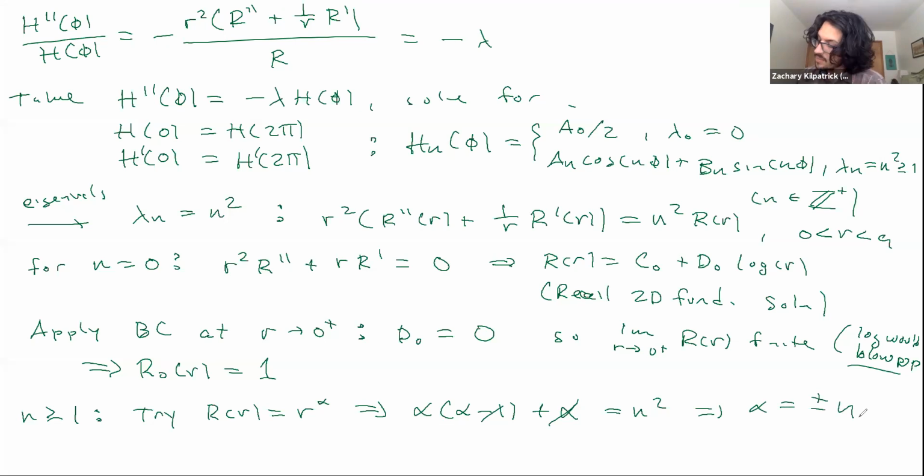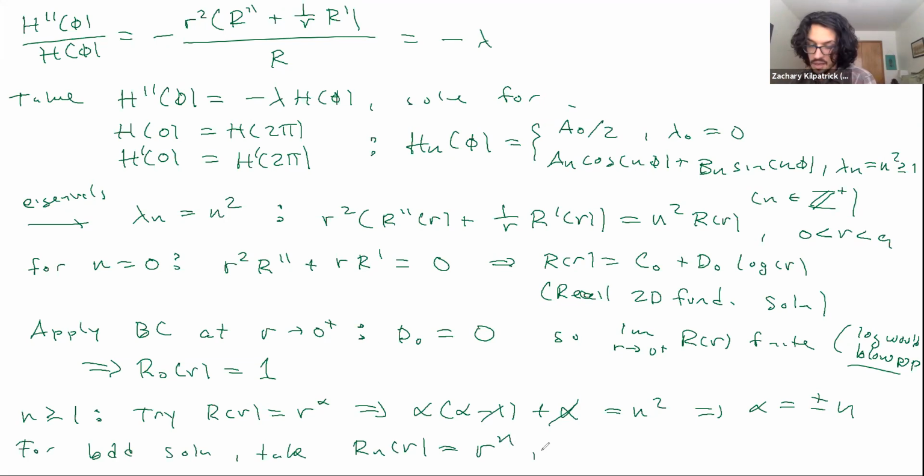So that means that alpha is equal to plus or minus n. But remember, again, I need a bounded solution. So alpha equals minus n is going to be bad, because then as r goes to 0, that's going to blow up. So for a bounded solution, I need to take Rn of r just equal to r to the n.